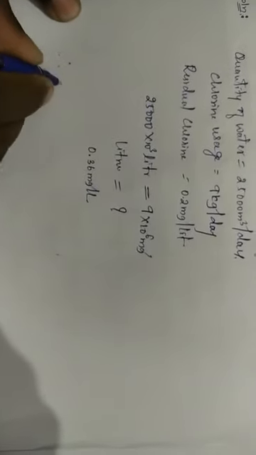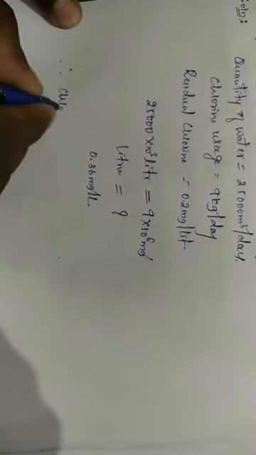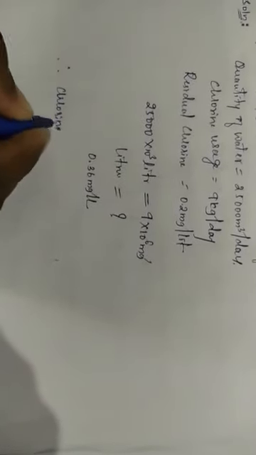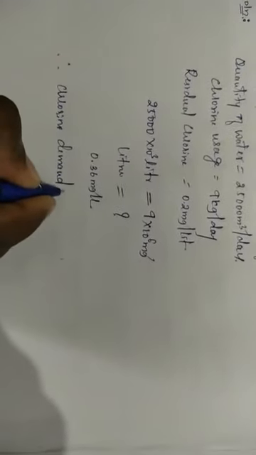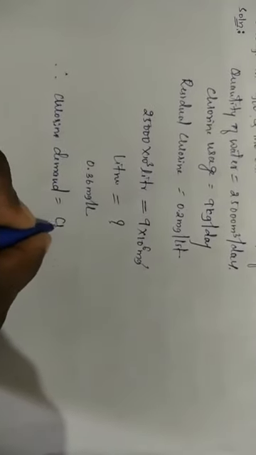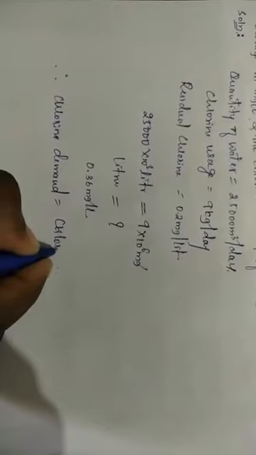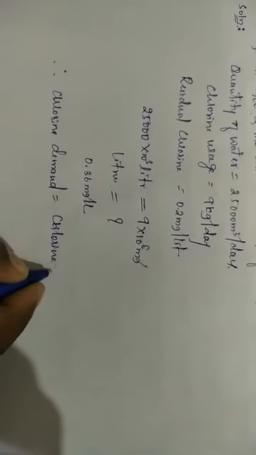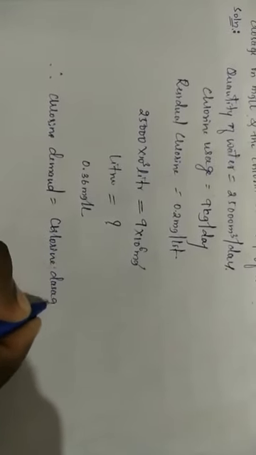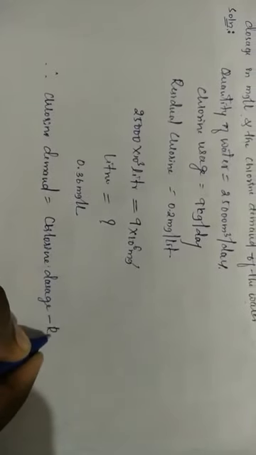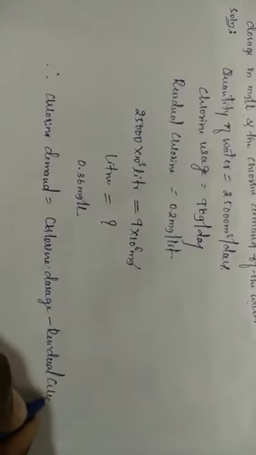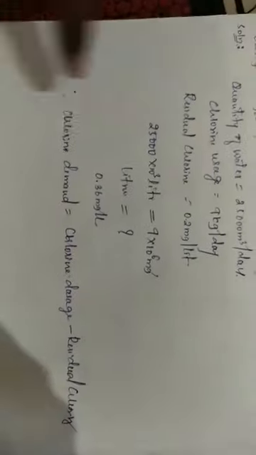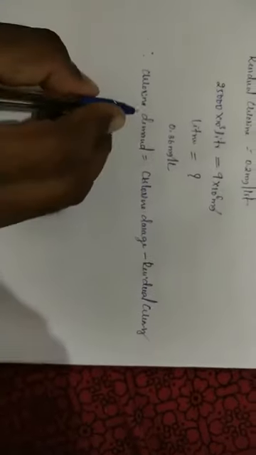Therefore, chlorine demand is equal to chlorine dosage minus residual chlorine. By doing this, you will get the total chlorine demand of that particular quantity of water.